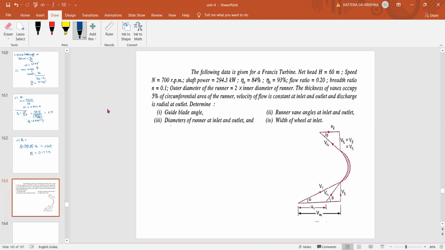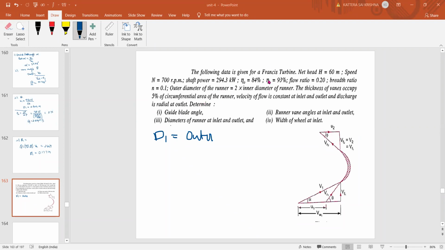Remember that. If it is inward, water starts flowing from outside to inside. So outer dia becomes D1, and D2 is your inner dia. In this way you need to remember, otherwise you cannot do it.